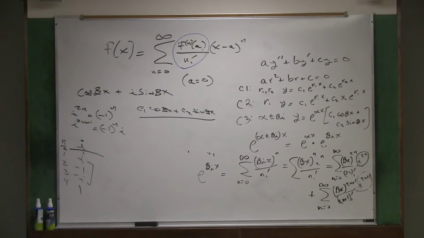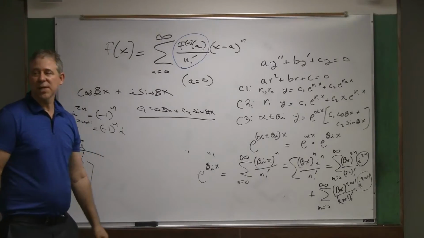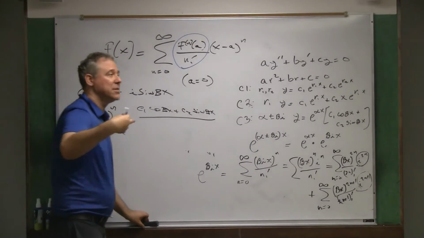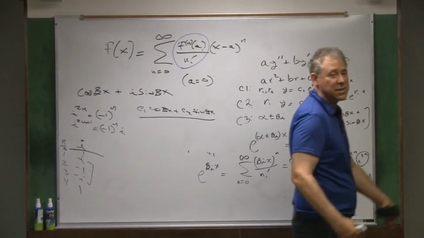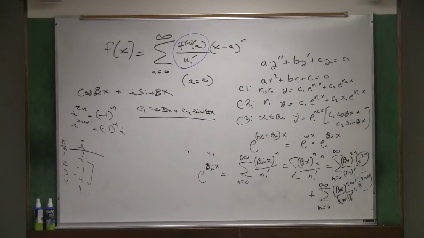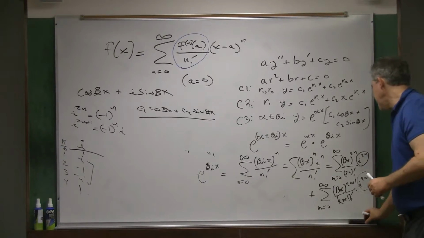So it's coming from the expansion of sine and cosine, where cosine is handling the evens and sine is handling the odds. This is kind of fitting together nicely. Does everyone see that? So maybe I did it too fast.